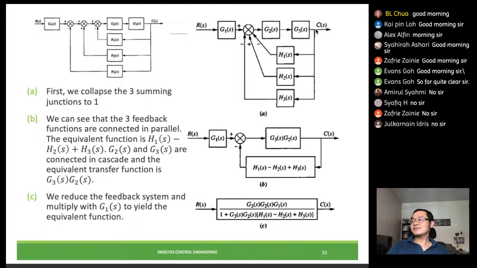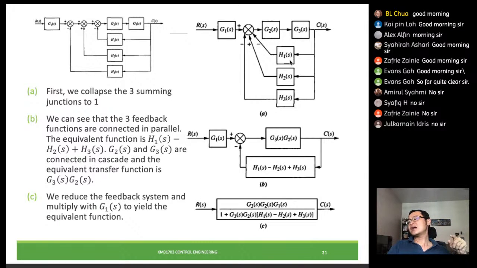So you can see that they come from the same point reaching at the same point. So this is the characteristic of a parallel block diagram. Here we can see that H1, H2, and H3 basically are parallel, because they have a common input and common output. So since they are parallel, then we just group them together into a single transfer function.